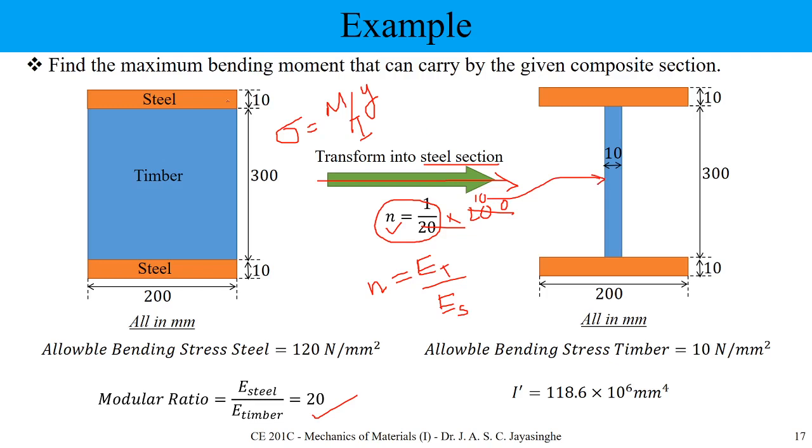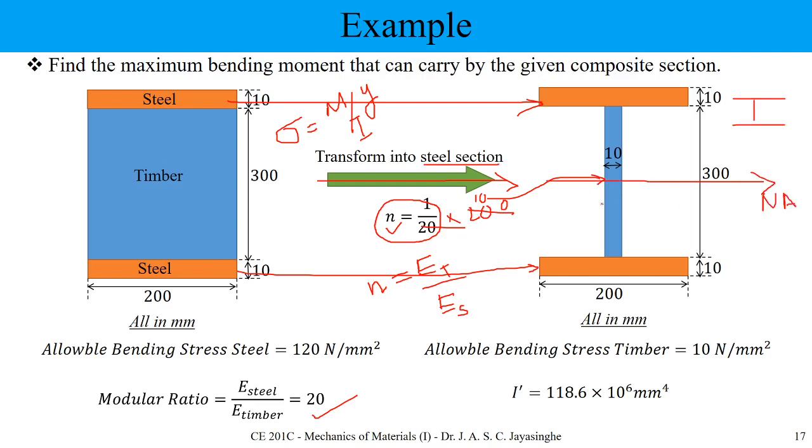Other parts we are not going to transform, since they are the same material type; we are converting to steel. If you are going to convert everything to any other material, then of course you need to change all of these things. Here I am keeping steel as it is, and timber I am going to change to steel. Now this is my section, and you can see this nice I section. First, of course, you need to find the neutral axis. Here you don't need to worry, you can directly find the neutral axis. From here to here should be 150, isn't it?